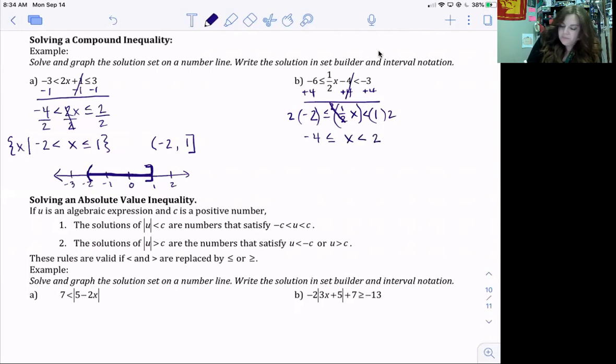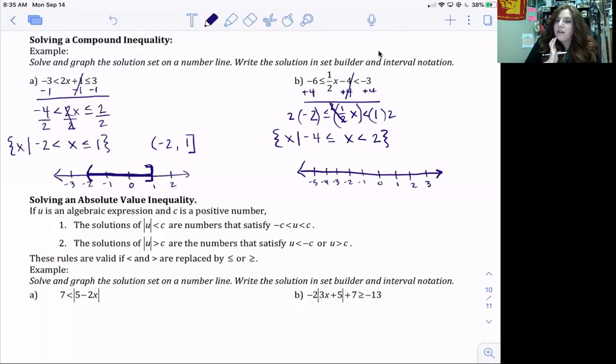So I'm going to go ahead and rewrite that so it's in our set brace. We're going to go ahead and graph it. Okay, at -4, we're going to have a bracket because of the equal to sign.